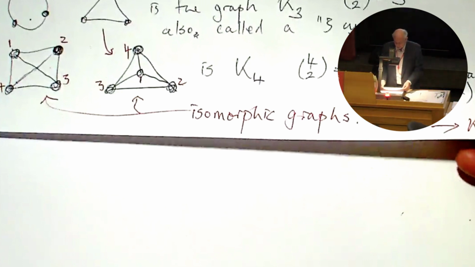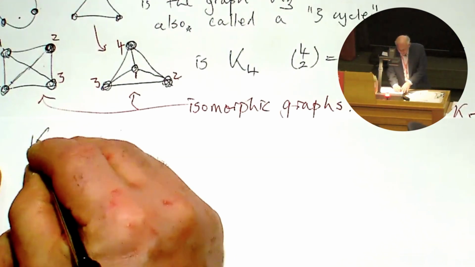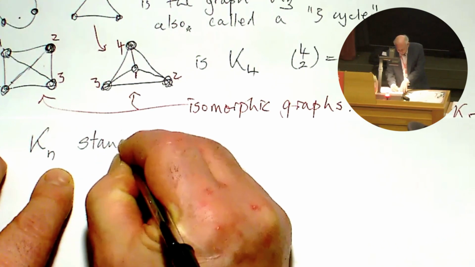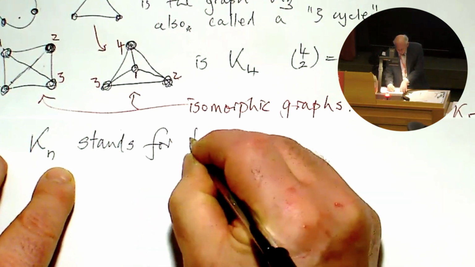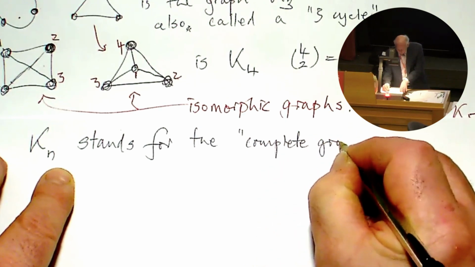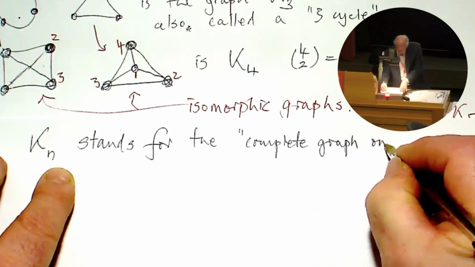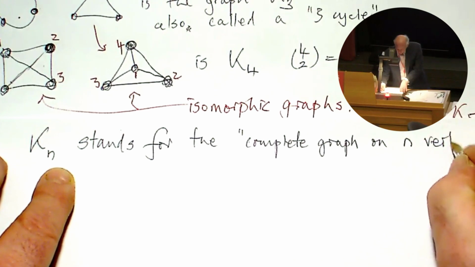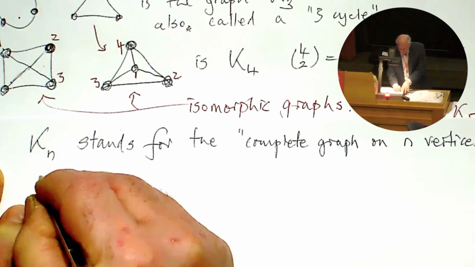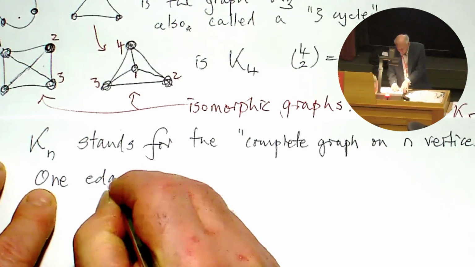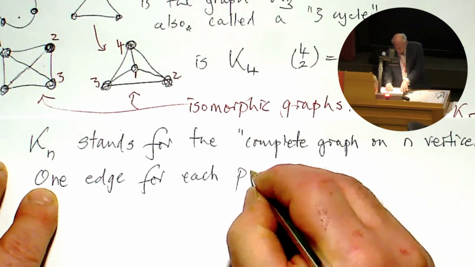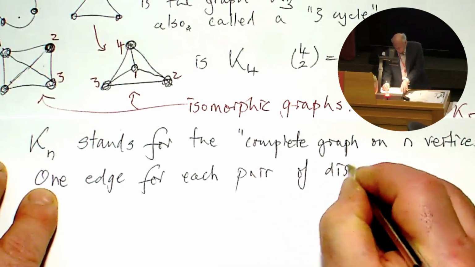So Kn, this notation stands for the so-called complete graph on n vertices. That means we have n vertices, 1 edge for each pair of vertices. Each pair distinct because it's a simple graph, no loops.